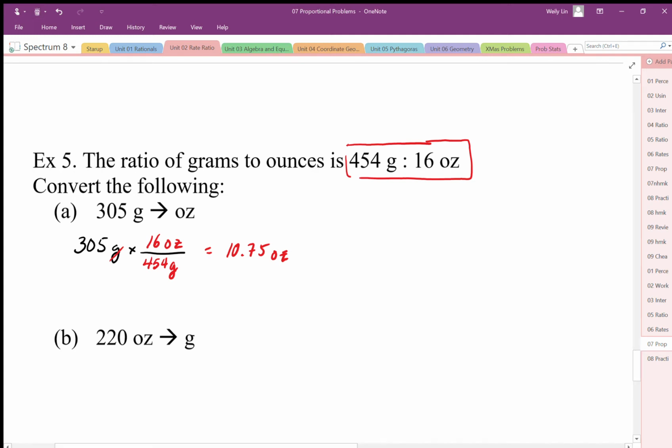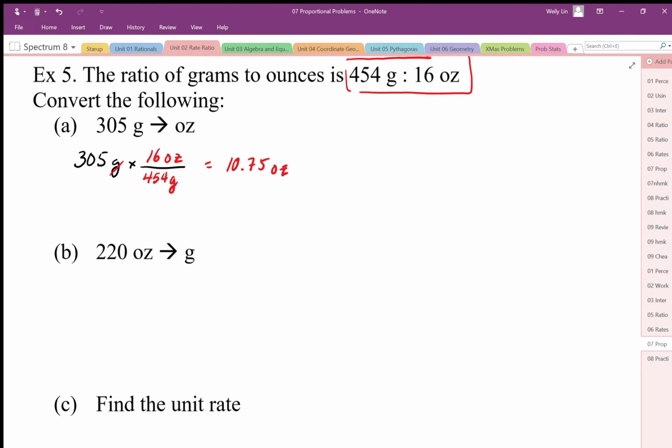Okay, 220 into grams, we start with 220. I'm going to multiply by, again, this time I need to have the ounces on the bottom. 454 grams on the top.